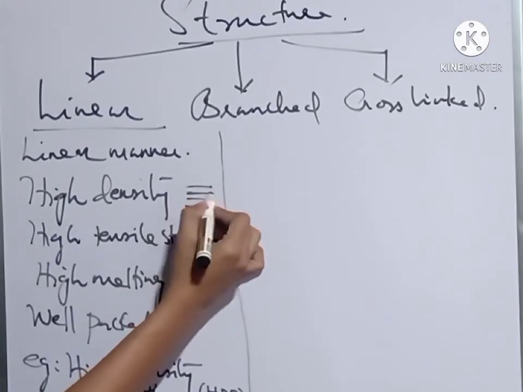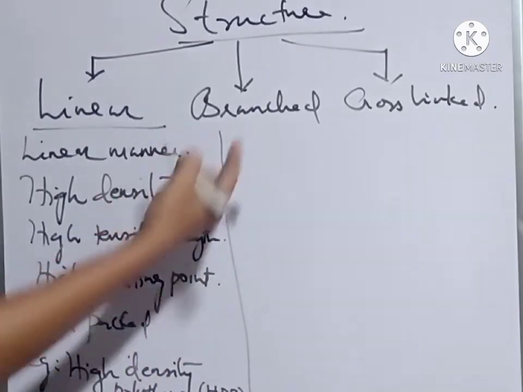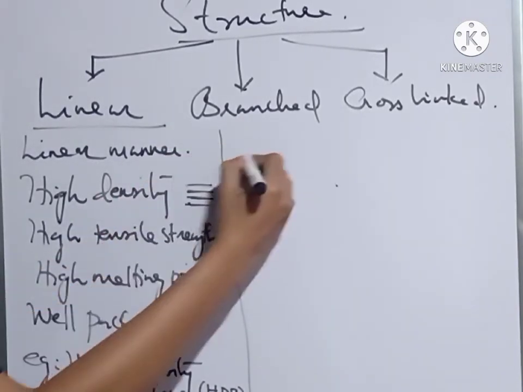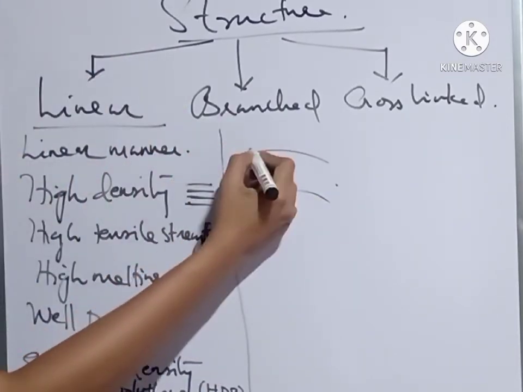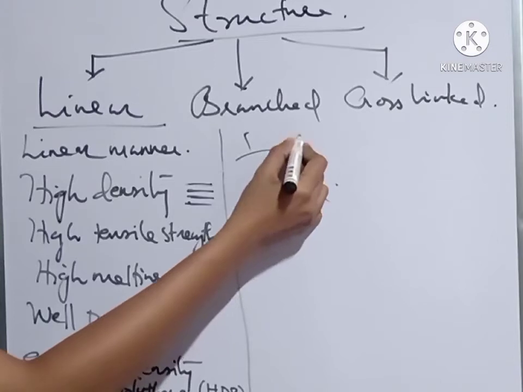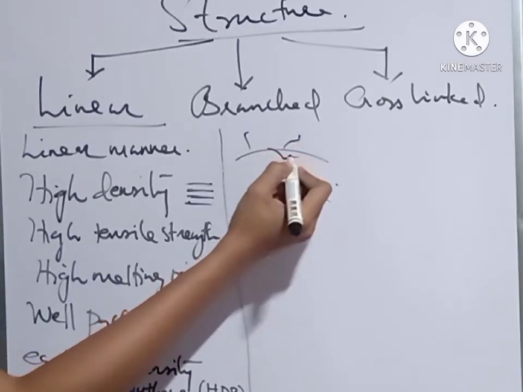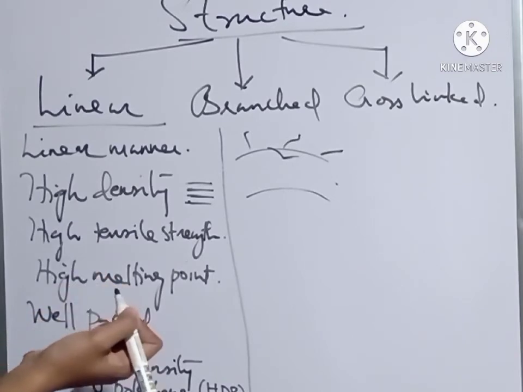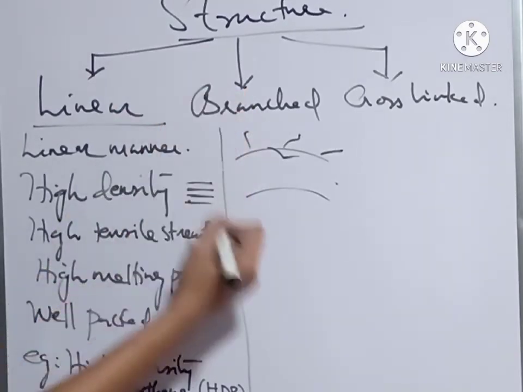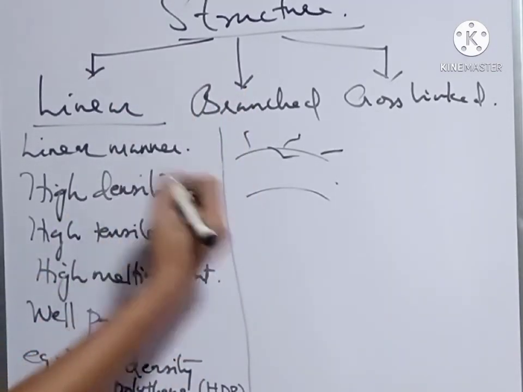These are linear chains. In branched polymers, linear chains are there, but in addition to that, these linear chains possess branches. So what happens? Their density decreases.